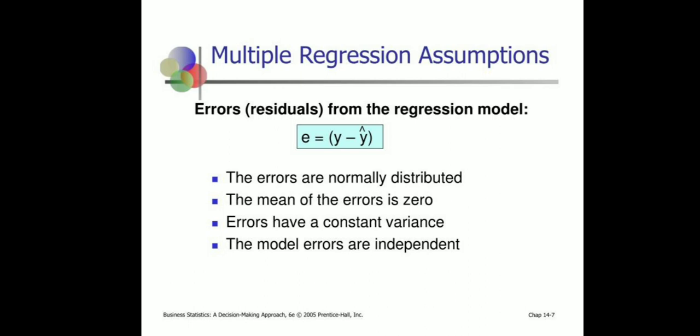Independent means the correlation coefficient between two errors, ui and uj, is 0. Sometimes the error is taken as u and sometimes as e. Both are the same, equal to y minus y cap. This is the error. They are independent.